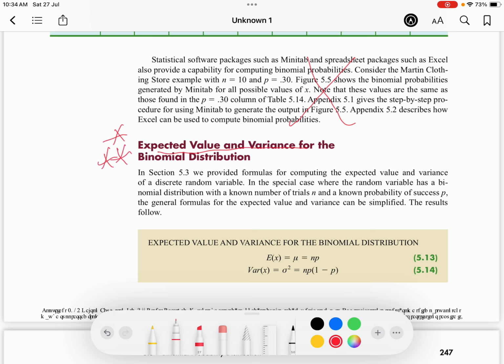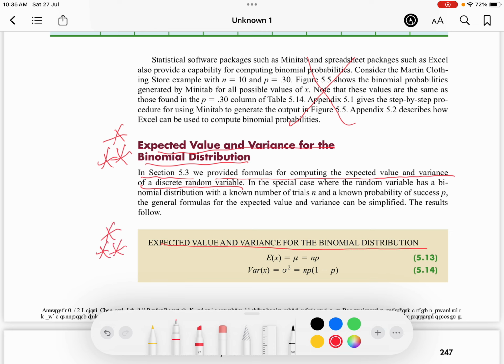Expected value and variance for the binomial distribution. Here in section 5.3, we provided formulas for computing the expected value and variance of a discrete random variable. After certain calculations, we summarize these two equations.